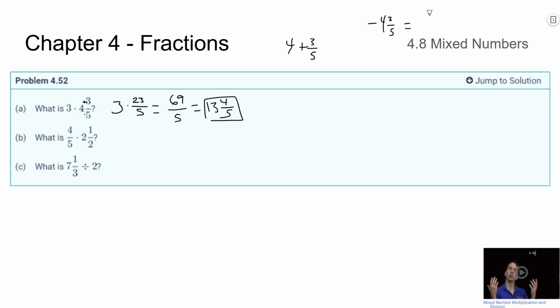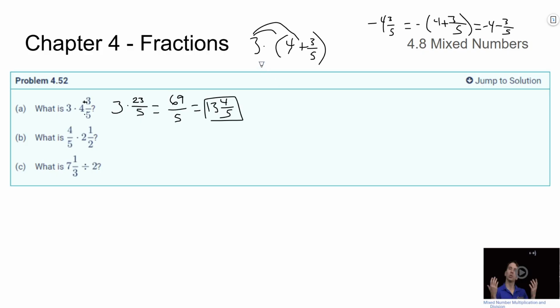So that's the same thing as saying negative 4 plus 3/5, or negative 4 minus 3/5. Just like that. The same thing applies here. So when you say 4 plus 3/5 here, and then you multiply a number, so it's going to be 3 times 4 3/5. So now you know you can distribute.